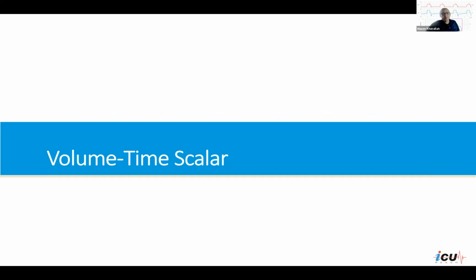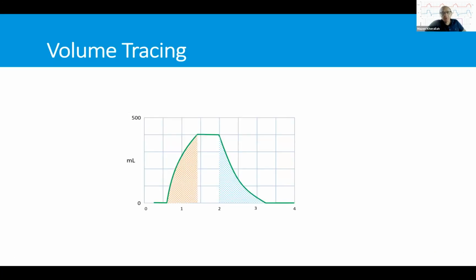So let's try to dissect the volume time scalar before we move to loops. This is what you see in the volume tracing. You may see a plateau or may not see a plateau, but you need to know that this is the inspired volume up till this point. This is what we held inside the chest, and this is exhalation.